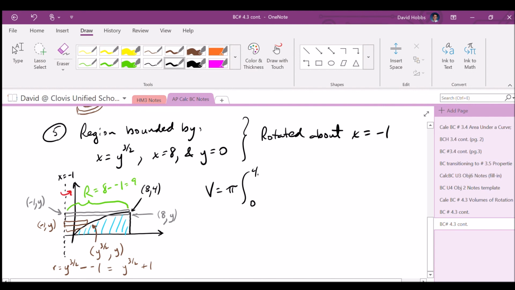So 0 to 4, my big R is 9 squared minus my little r, y to the 3/2 plus 1, squared, big R squared minus little r squared, dy. Okay, there's the setup. Now we could do this one by hand, but the notes have already been going on for a while. You could finish it off. We'll just say dot dot dot.